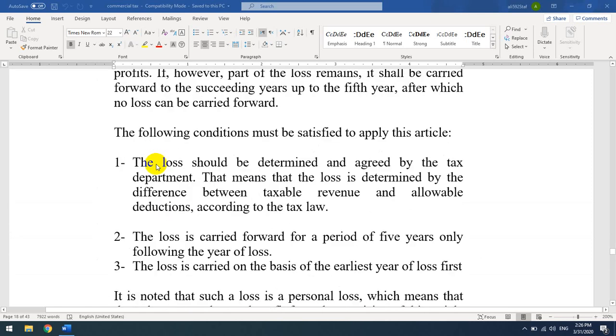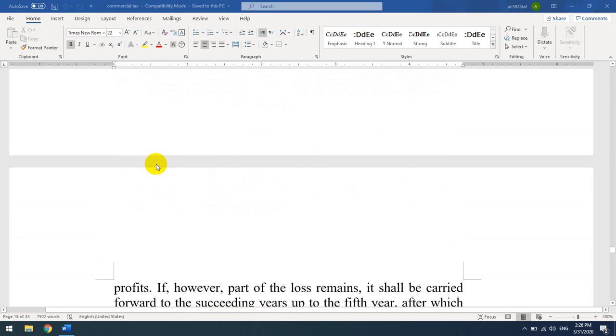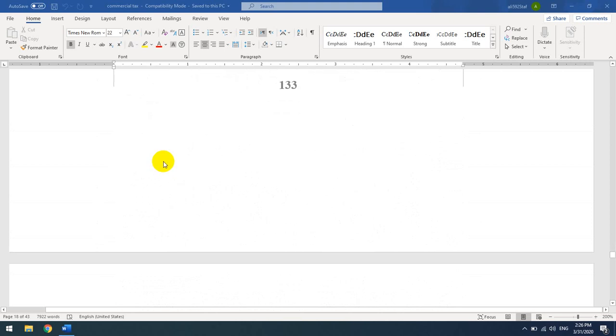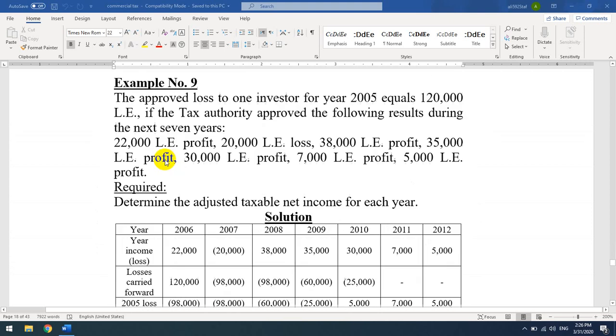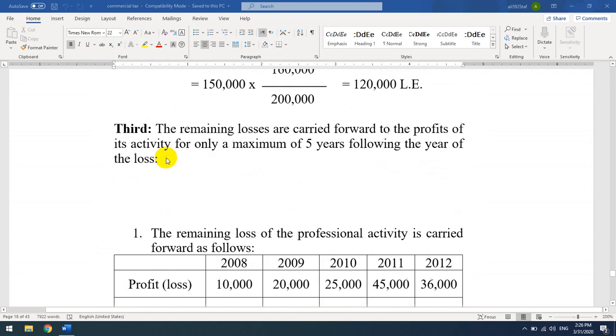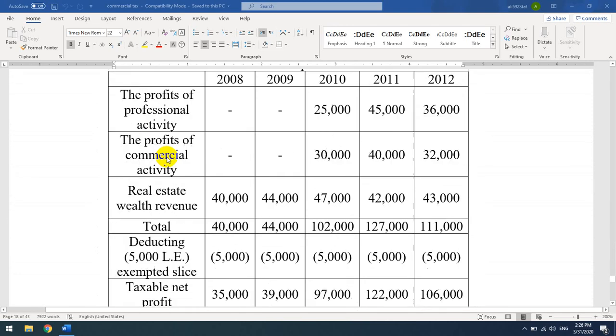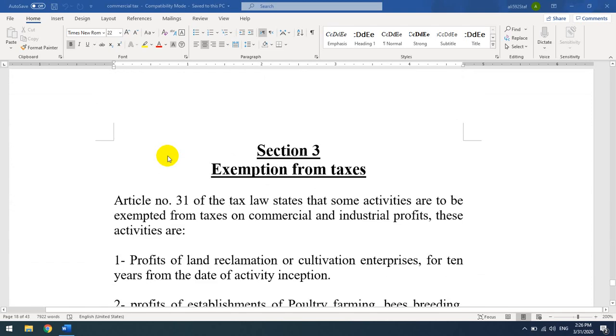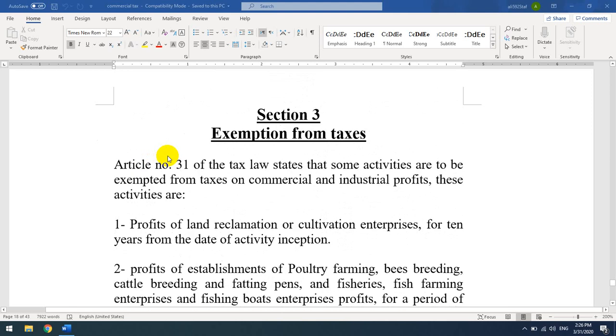Some revenues and some profits are exempted from the commercial and industrial activities tax by the law.